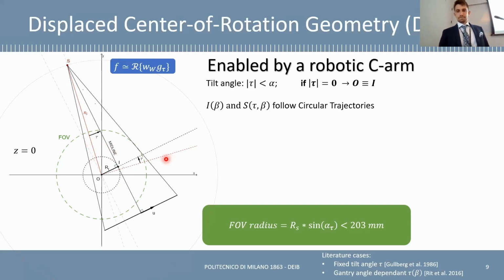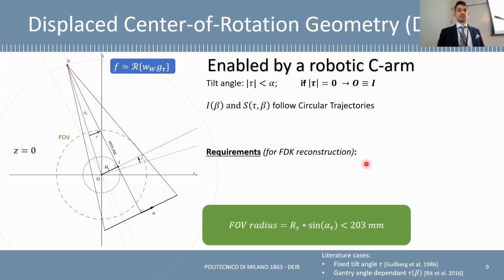There are previous analyses of FDK implementation that account for both fixed and gantry angle dependent tilt. Such tilt can be achieved and kept constant during a full scan rotation by the CNAO robotic system. But at the same time, the source trajectory remains circular, although it is a little bit larger than the conventional case.